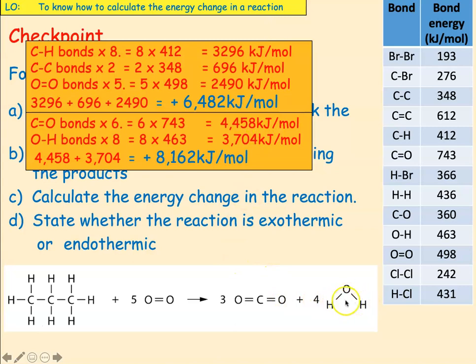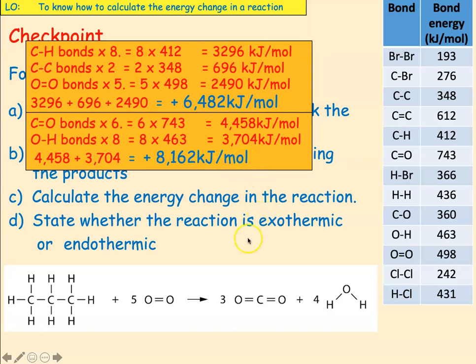You've got 2 bonds in every water, but you've got 4 of them, so you need 8 times 463, which gives you 3,704 kilojoules. Add those two together and you get 8,162 kilojoules per mole.